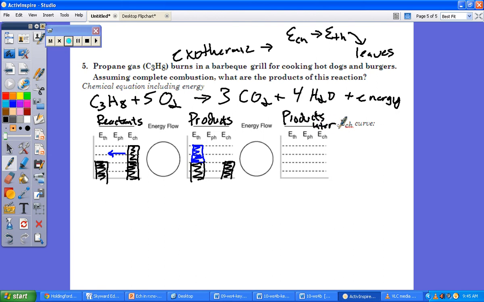So that thermal energy now is going to leave the system because there is additional amounts of thermal energy. And so our products then have 2 bars thermal, 2 bars chemical. We have a net flow out of the system, which is a definition of exothermic reactions.